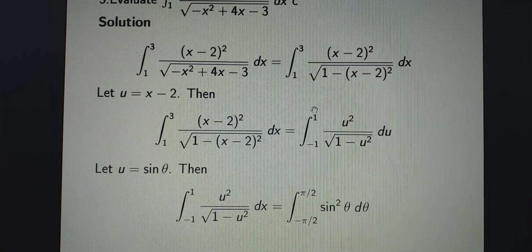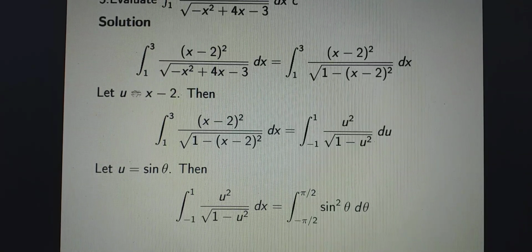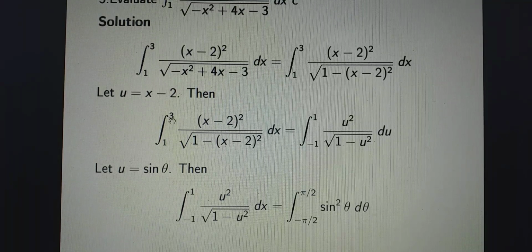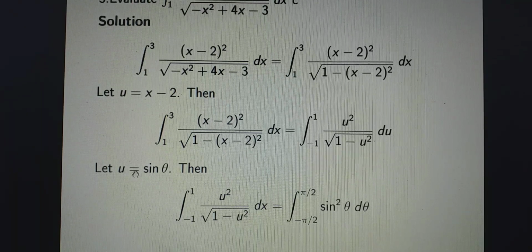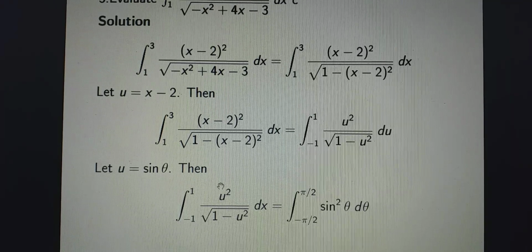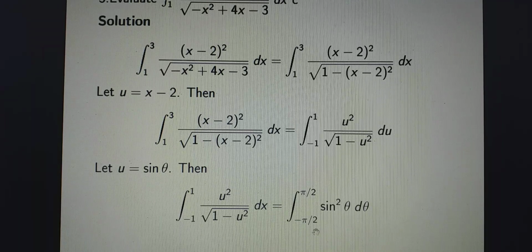And for the bounds, when x is equal to 1, u equals minus 1, and when x equals 3, then u equals 1, and we have this integral. Finally, when we take u equals sin theta, we have this integral equal to this integral. And the bounds are minus pi over 2 and pi over 2.